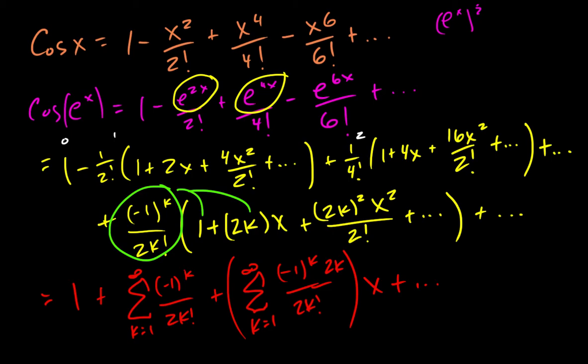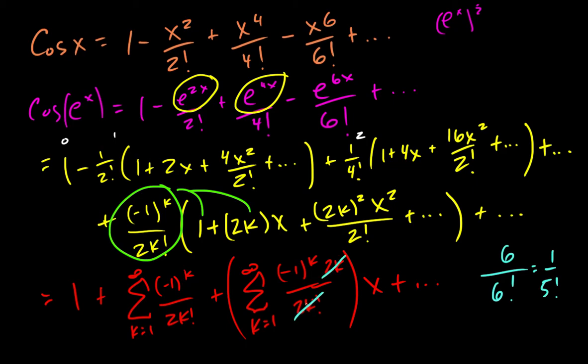Okay. Now, if we have 2k on top and 2k, so if we had like, let's say it was just like 6 over 6 factorial, for example, we could cancel the 6's and the bottom would just be a 5 factorial, so it'd be 1 over 5 factorial. So when we're thinking of k, it's just 1 less factorial.